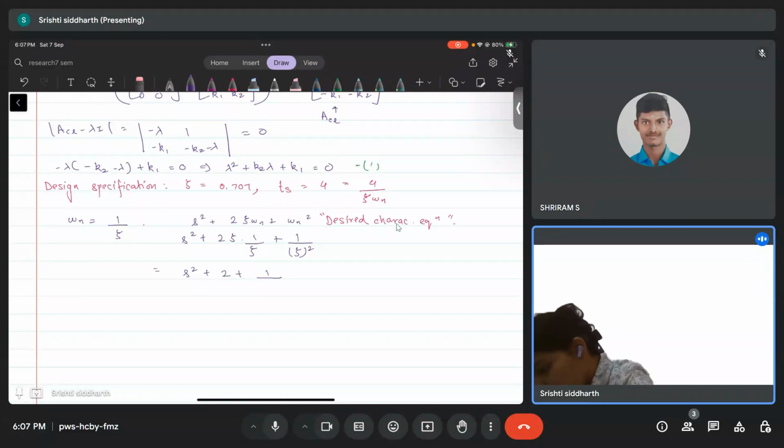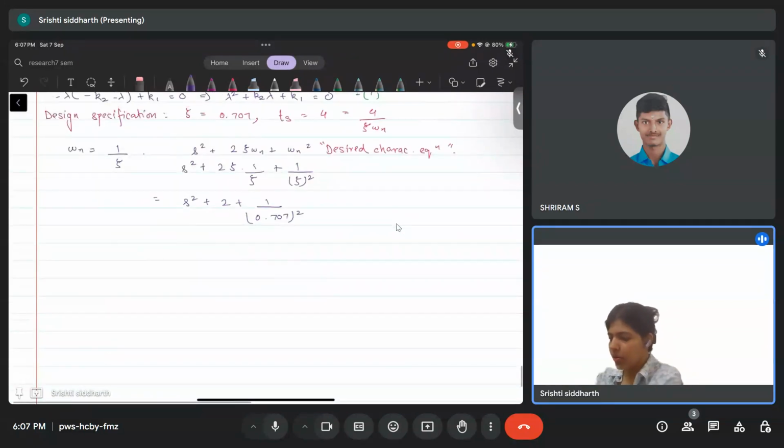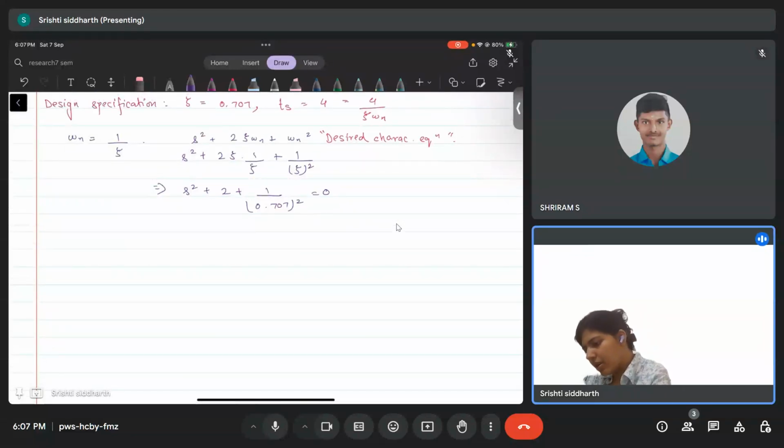If you solve this equation, you get that the location of the desired eigenvalues are lambda 1 equal to minus 4 plus j4, and the other one is minus 4 minus j4.